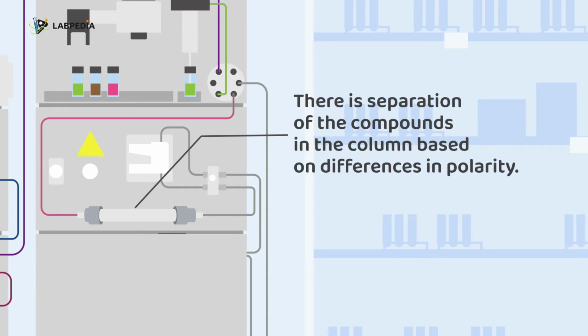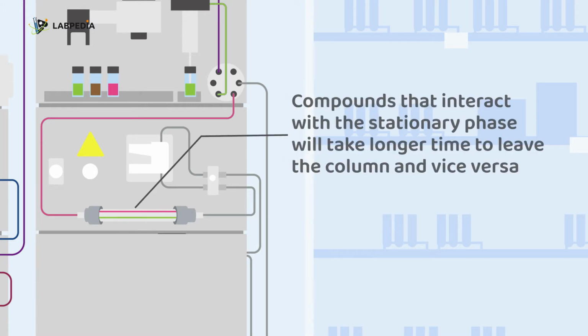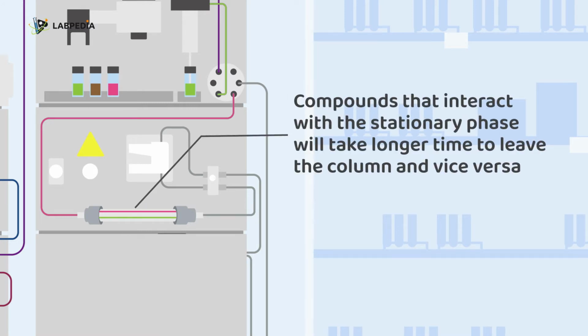There is separation of the compounds in the column based on differences in polarity. Compounds that interact with the stationary phase will take longer to leave the column and vice versa.